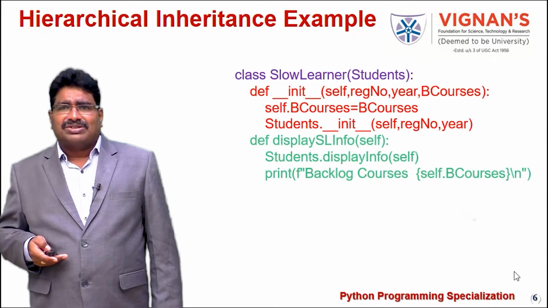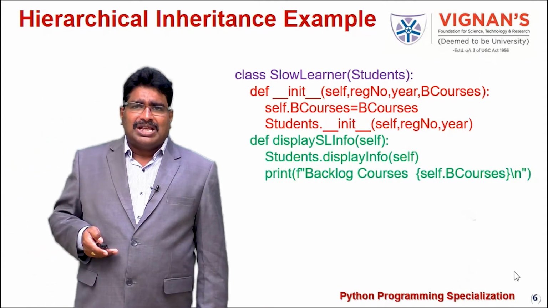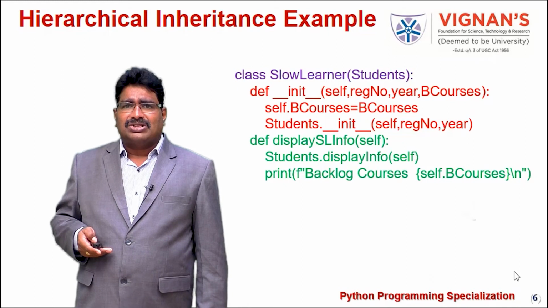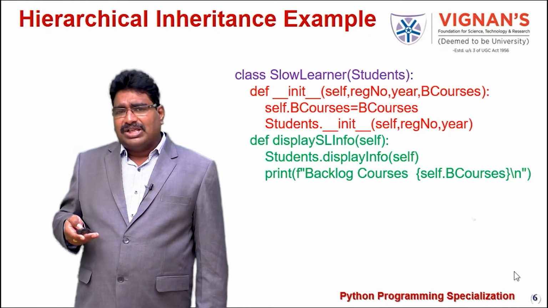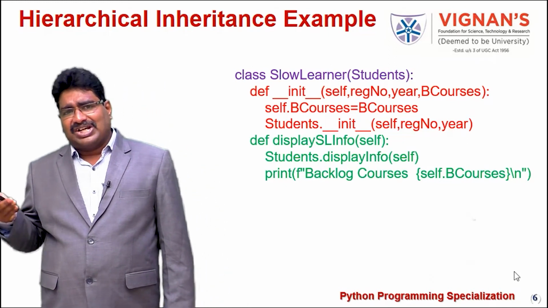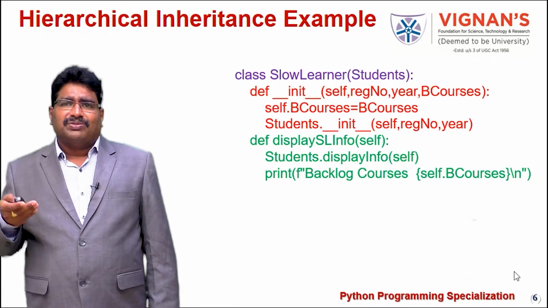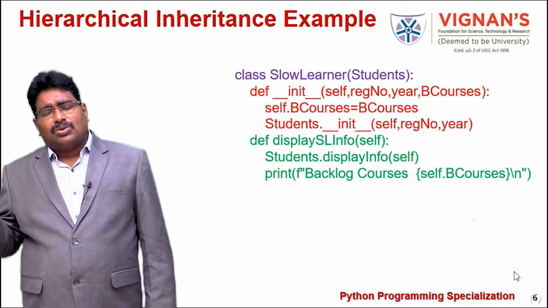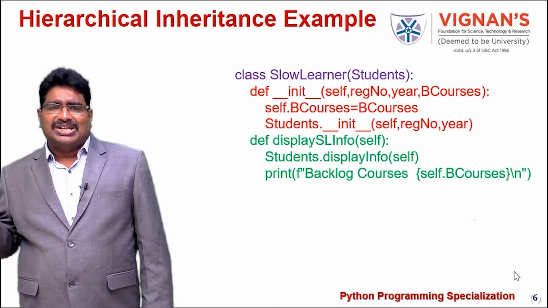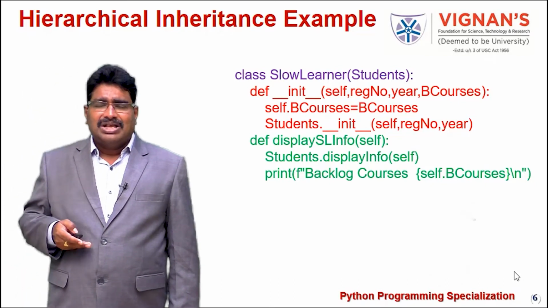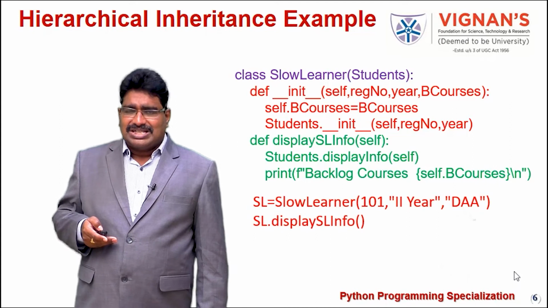Now we discuss the example of the display SL info method. Here we want to display the student's display info, which year he is studying. In addition, we want to display the backlog courses, the courses for which he needs additional training. For example, we create an object SL.